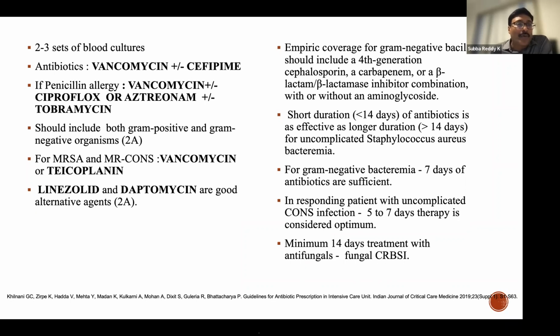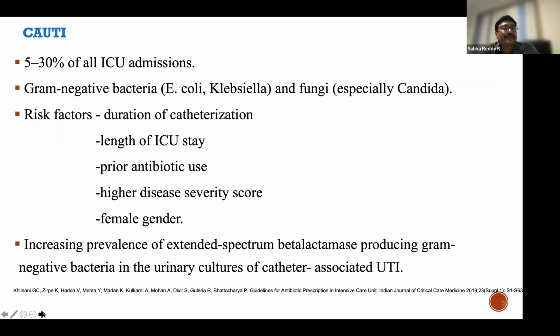So take a proper amount of blood, and collect it properly. Otherwise, you will not diagnose. And if you don't start antibiotics early, then the mortality will increase. So we use vancomycin plus or minus cefepime, depending on your antibiogram in the intensive care units, for treating CLBSI.